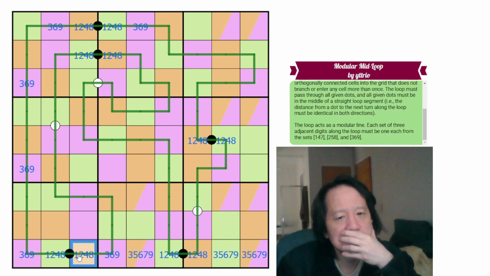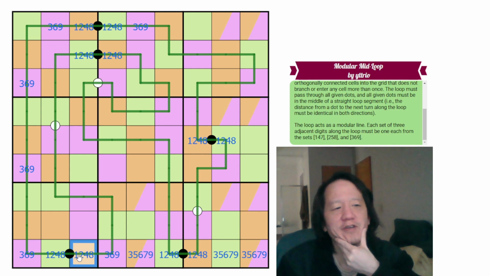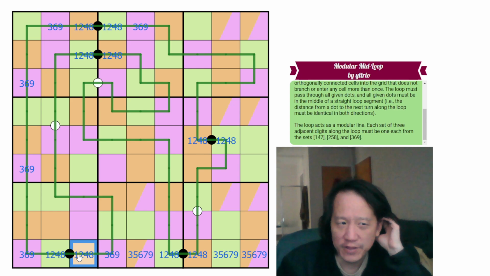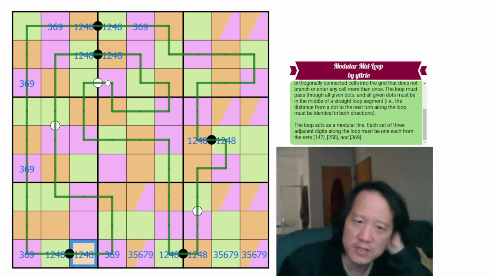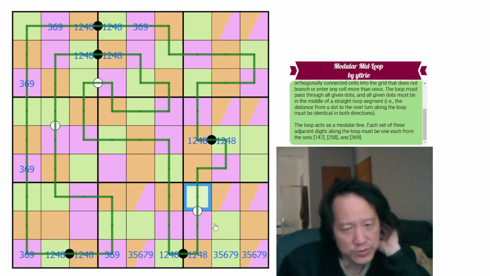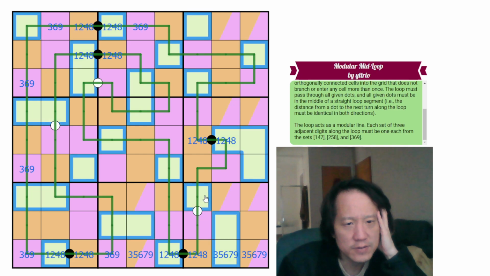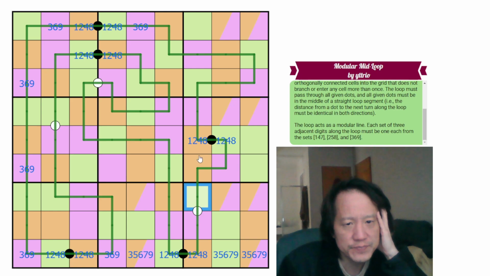Hmm. I don't even know. This is very complex for hard. I think this fits for very hard because you have to figure out what these numbers are now too. I don't know. You have all the greens.